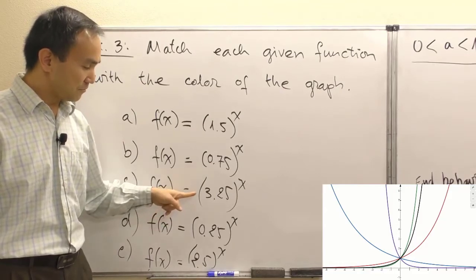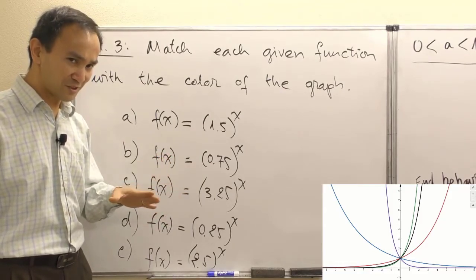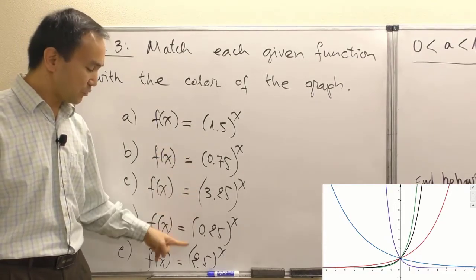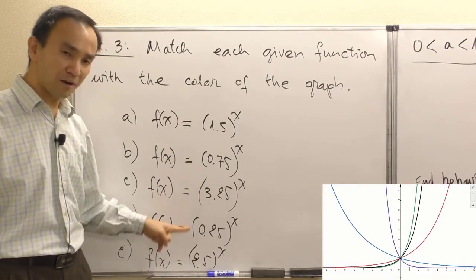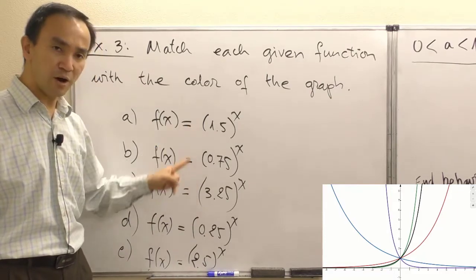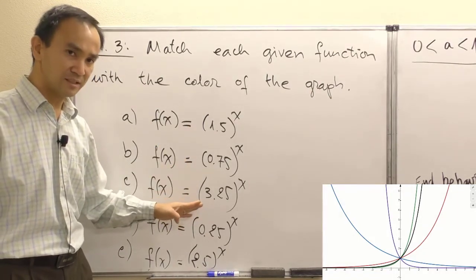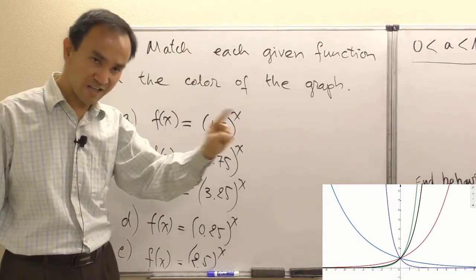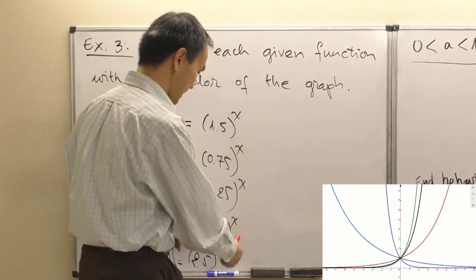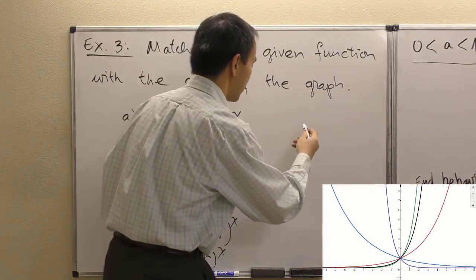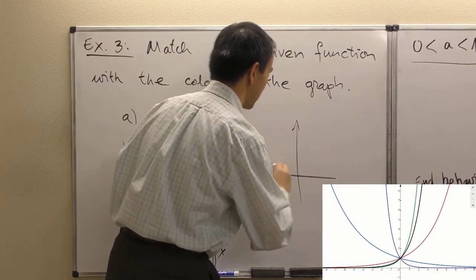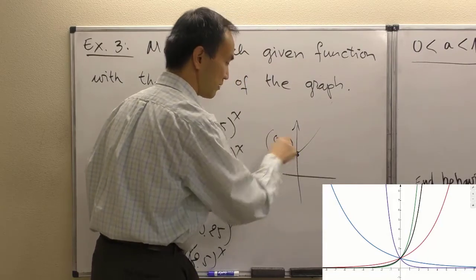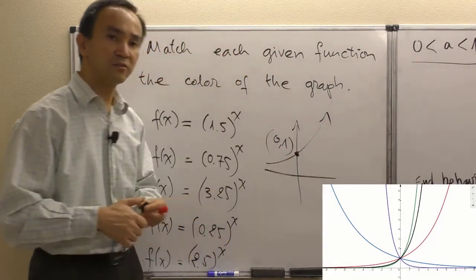I explained this earlier. When the base was greater than 1, the higher the base, the steeper it is, the more rapidly it grows on the right hand side. So any of these has to have this graph. On scratchwork, the graph has to look like this, rising, and it all has that point at 0, 1. 0, 1 is here, but it's rising to the right hand side.